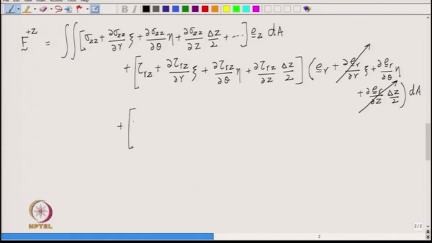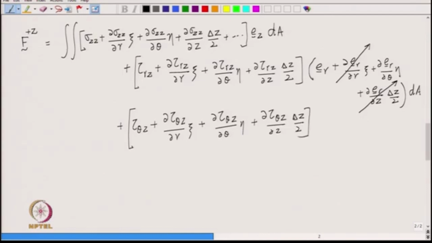So, plus tau theta z at the center plus del tau theta z by del r into zeta plus del tau theta z by del theta into eta plus del tau theta z by del z into delta z by 2 times E theta.